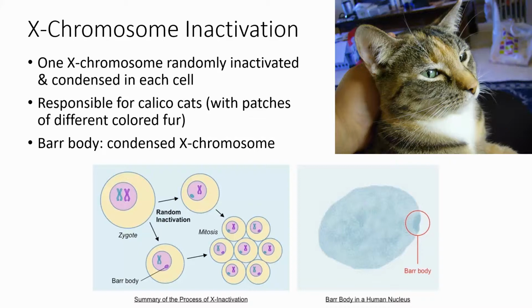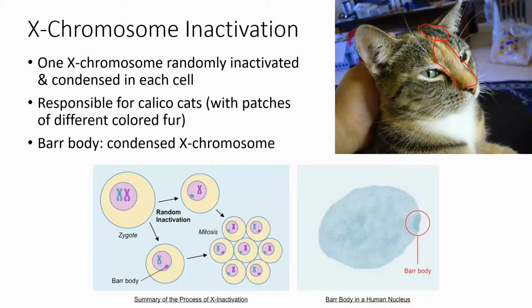She was a calico, and a calico cat has different patches of color. You'll notice that her nose looks very orangey, and she had those patches of orange tabby fur. And towards the back she's got more black and gray, and she had patches of black and gray tabby fur.